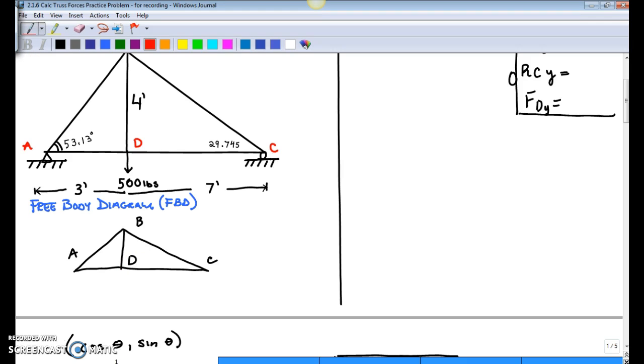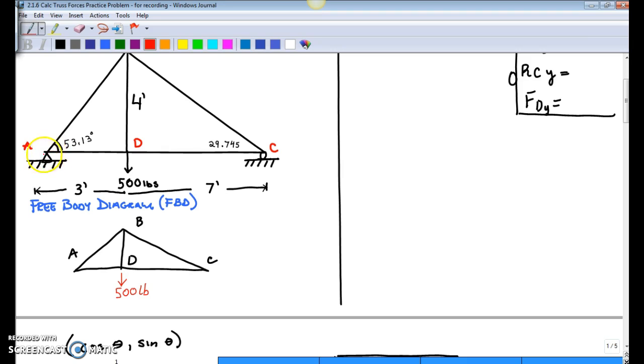In terms of our forces, we have one load of 500 pounds coming straight down from point D. And then we have to come back up here and look at our supports.